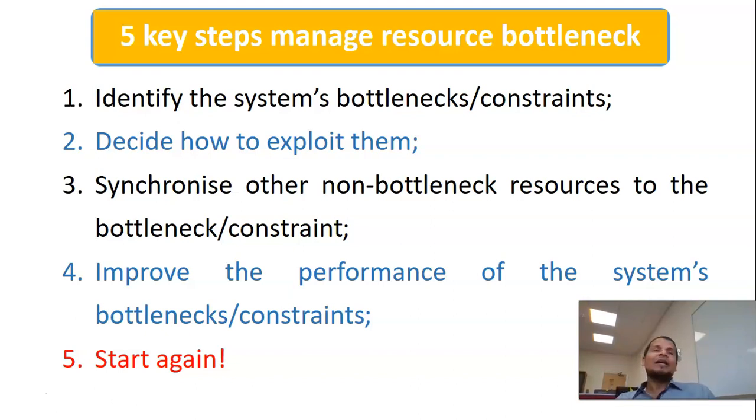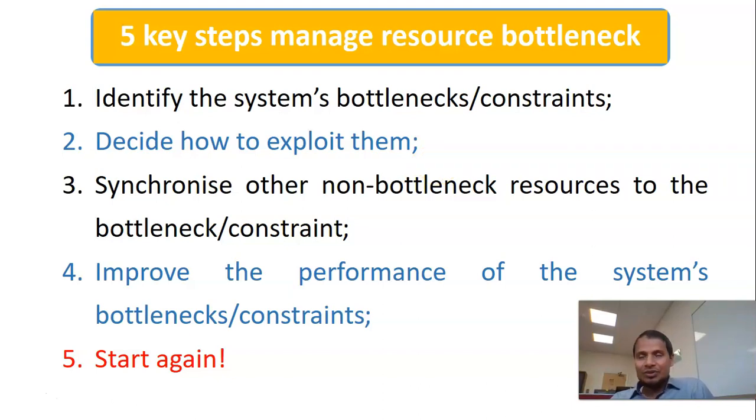Is it machine hours, material, labor, electricity, gas, or space? Whatever it is, we have to identify the resource. Then the second step is that we should try to exploit it, to utilize that resource the most.